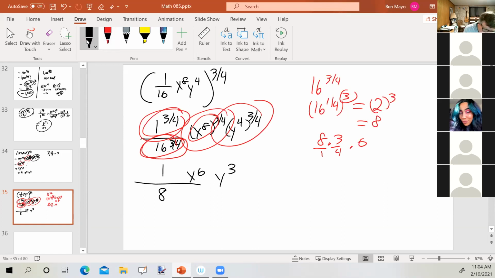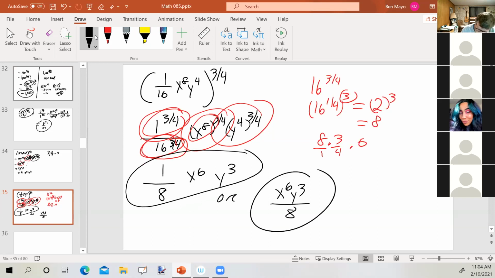Okay, so I could write my answer like that, or I could write it as x to the 6th y cubed all over 8. So either this way or that way. Any questions there?